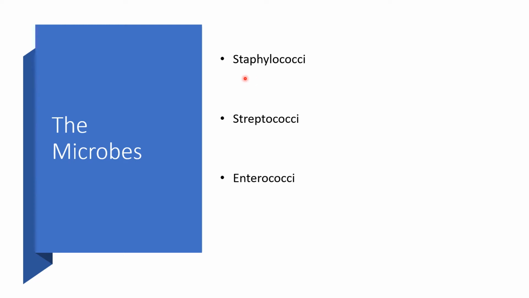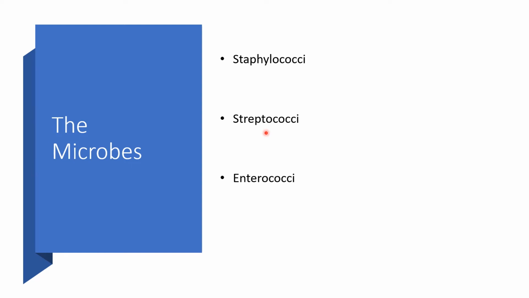To start with, let's see the Staphylococci group. Here we'll be focusing on Staphylococcus aureus and coagulase-negative staphylococci. When it comes to the Streptococci group, there may be viridans streptococci, like S. mutans, S. sanguinis, and S. mitis.